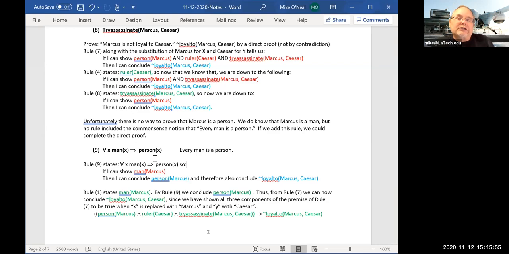So this is not complete. No system that I try to capture real world knowledge in is ever going to be complete. There are always going to be holes, right? And that's really the whole thing that Doug Lenat tried to do, is he tried to take a logic system and add every one of these little rules that we're starting to see that we need just to prove things in this simple little thing about Marcus and Caesar here, right?